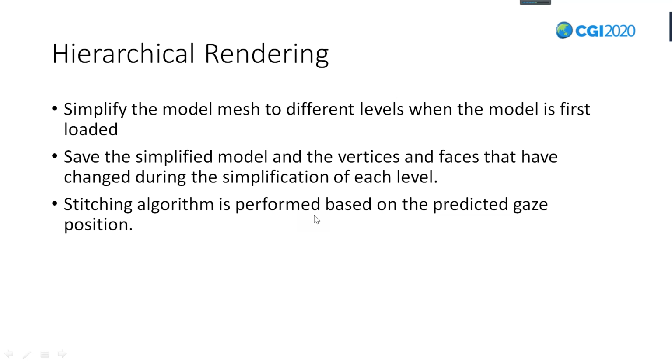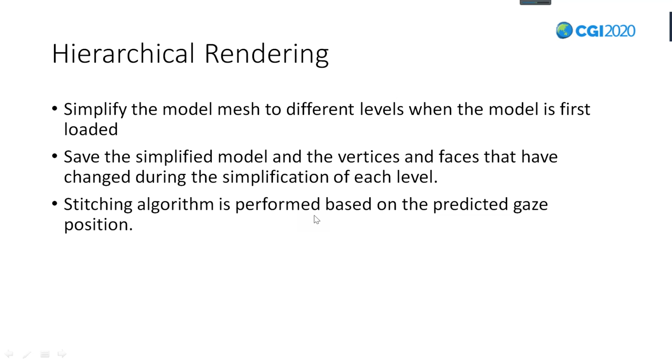The scheme of the implementation of our system is that we introduce hierarchical rendering in our rendering process. The benefits come from the following. Firstly, when we load our model, we simplify the model mesh according to different levels of detail.